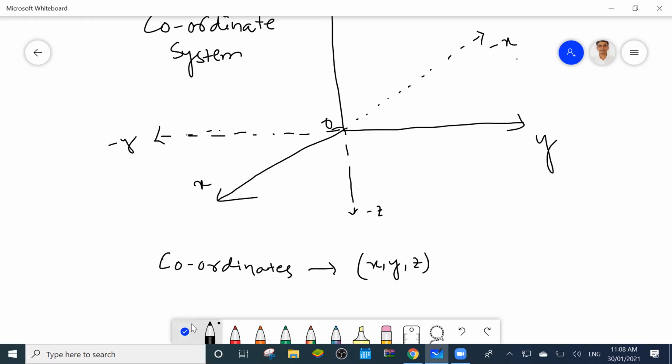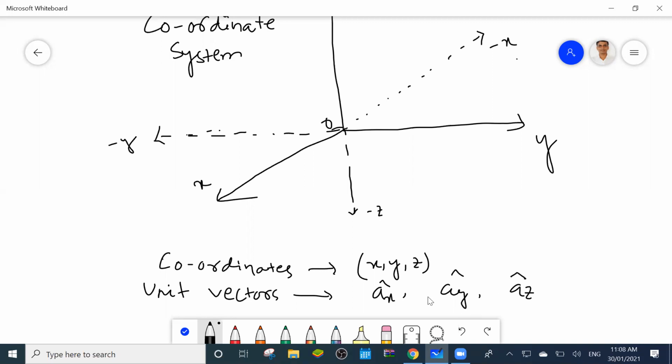Okay. Then the unit vectors are ax cap, ay cap, and az cap.